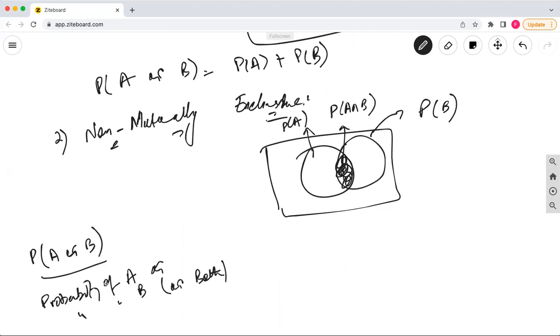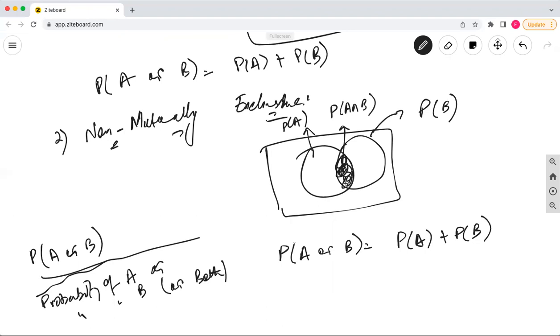In some you will see the probability of A or B, and in some the probability of A or B or both. They are the same thing, right? So now in this scenario, if I ask the probability of A or B, what will that be? That will be just like the mutually exclusive case, the probability of A plus the probability of B.